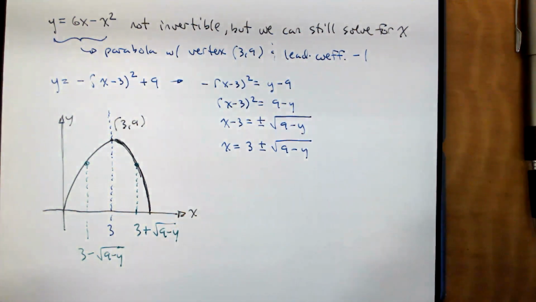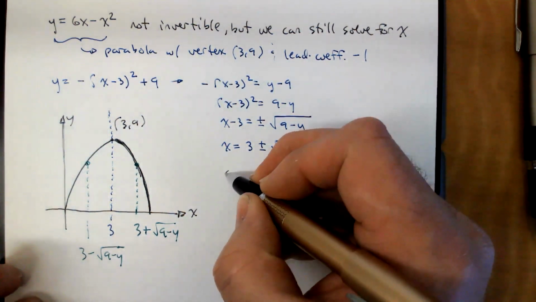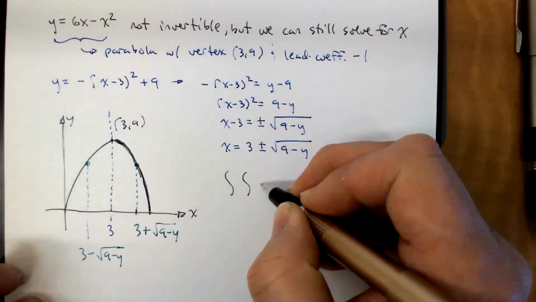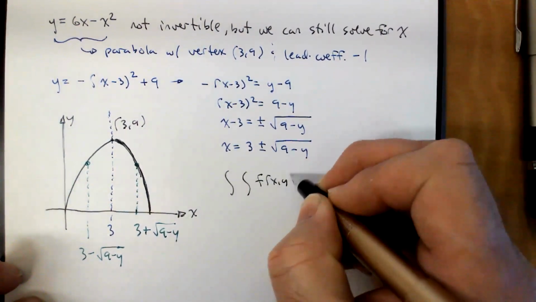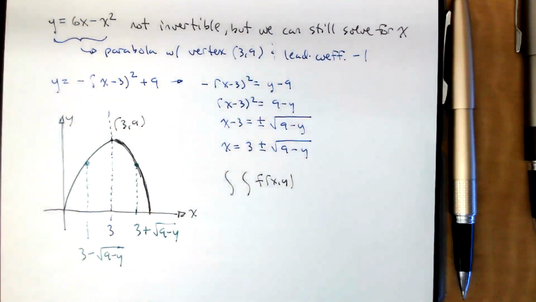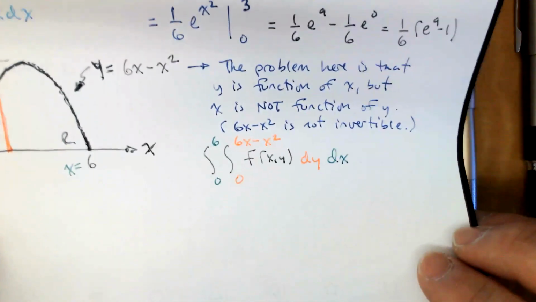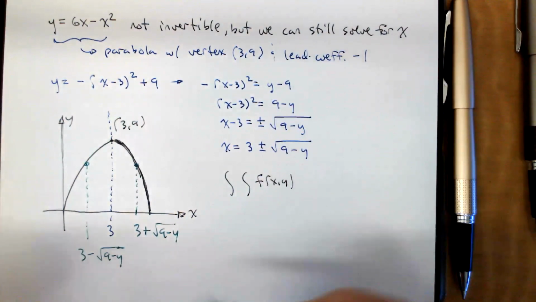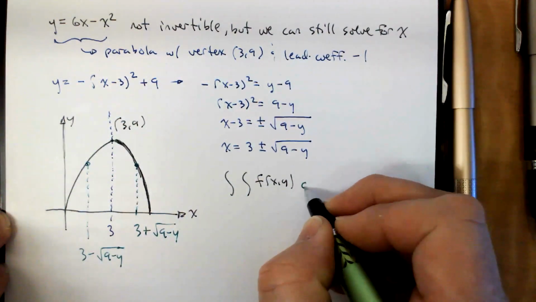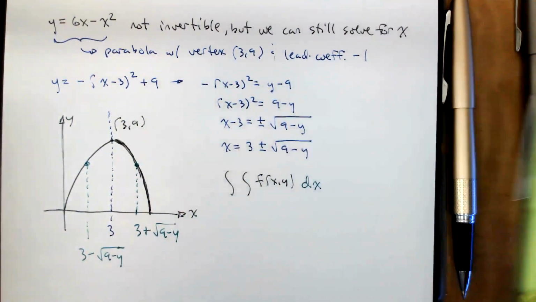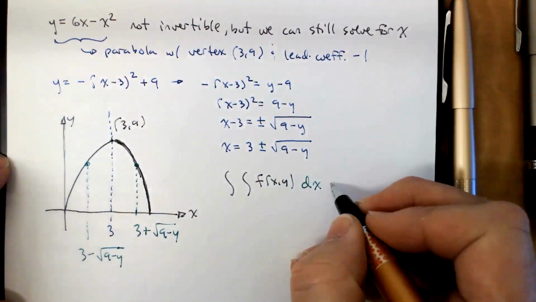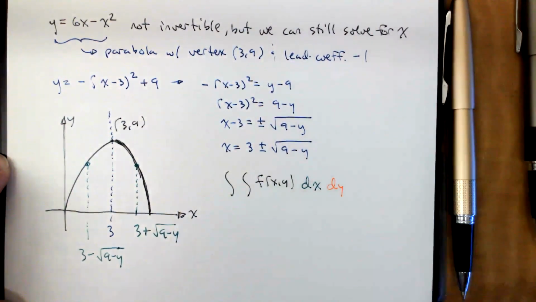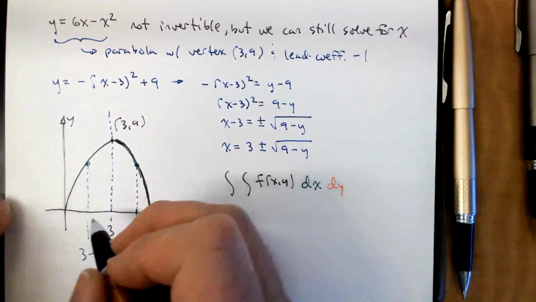Now we can set up a double integral. Our original integral was set up as a dy dx, and so we want to set up a dx dy integral. When we're setting up integrals, we should start with the constants first.